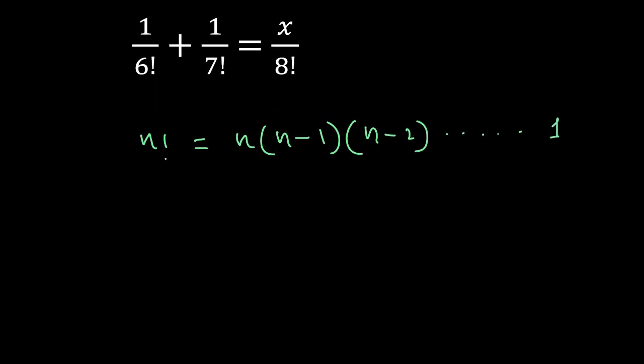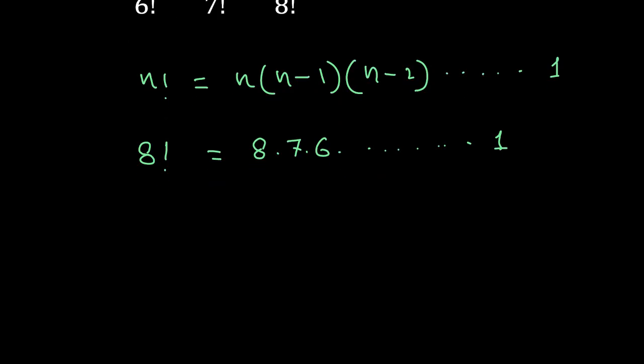So here we can express factorial 8 as 8 times 7 times 6 times till 1, or we can write with the multiplication sign 8 × 7 × 6 × till 1.